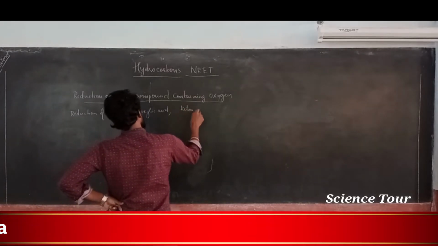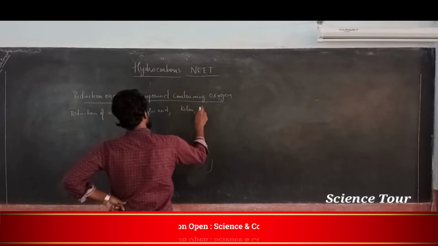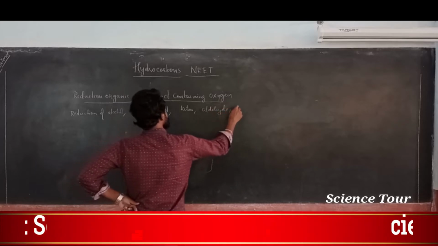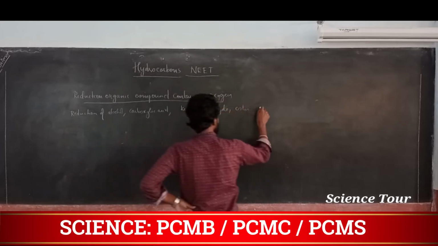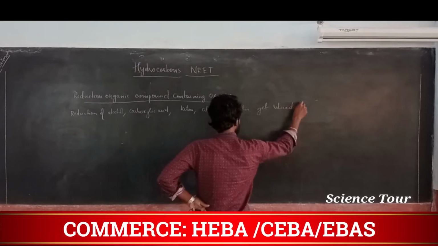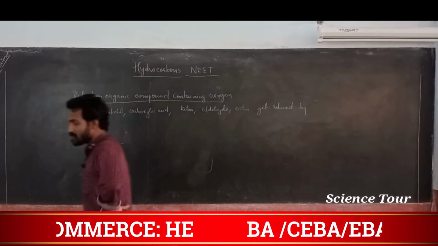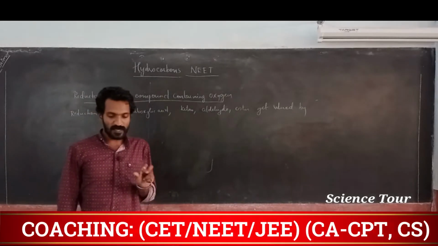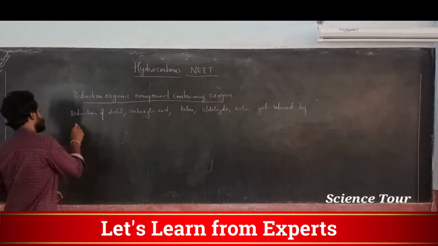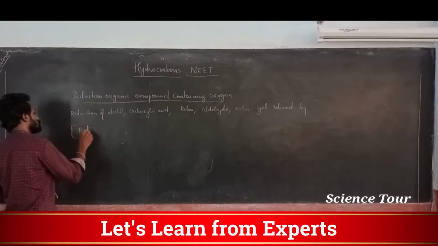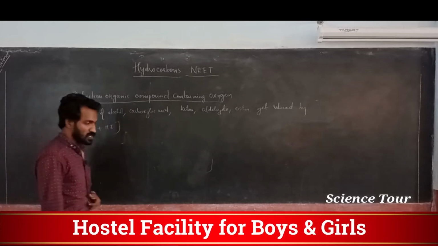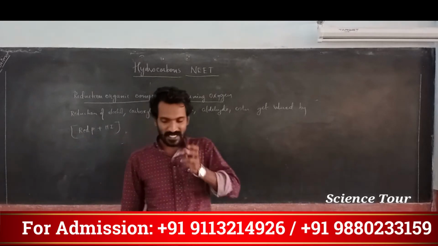Ketone, aldehyde, ester get reduced by a very important compound, red phosphorus in the presence of hydrogen iodide. See my dear students, red phosphorus in the presence of hydrogen iodide is used for reduction of oxygen containing compound.